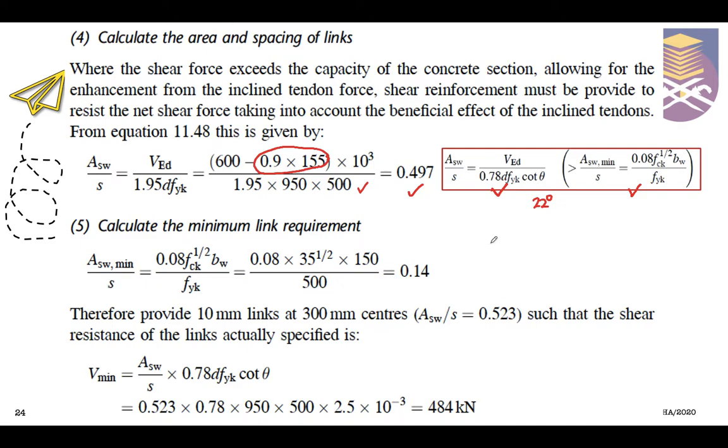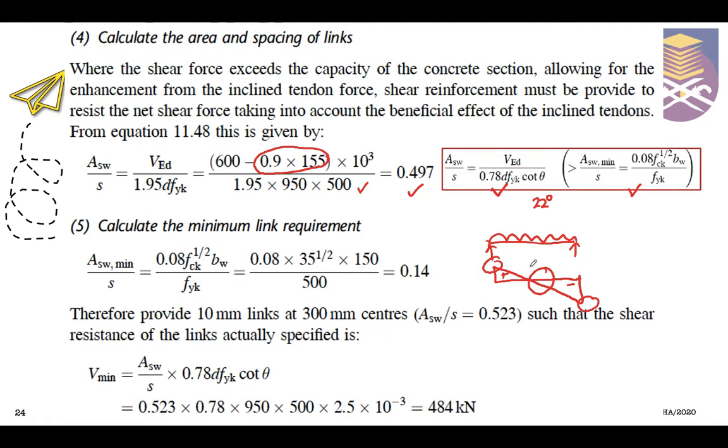In a simply supported beam we have a UDL on top of our beam, and the shear force diagram looks like this, so we have positive and negative values. The maximum value happens here, near the support. However, at midspan we have a very minimal value of shear force.